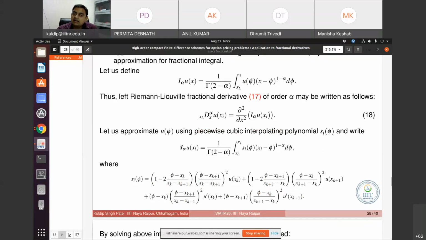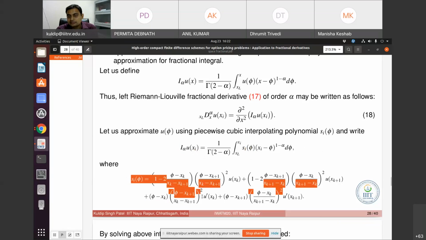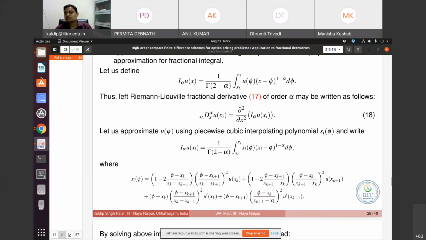So basically I alpha u at any grid point x_i, how will you approximate it? u by S_I, and this S_I is given by this. So this I alpha now we have, and three approximations are involved. Please make it clear that the first is for u, second is for this integration, and third is for differentiation.